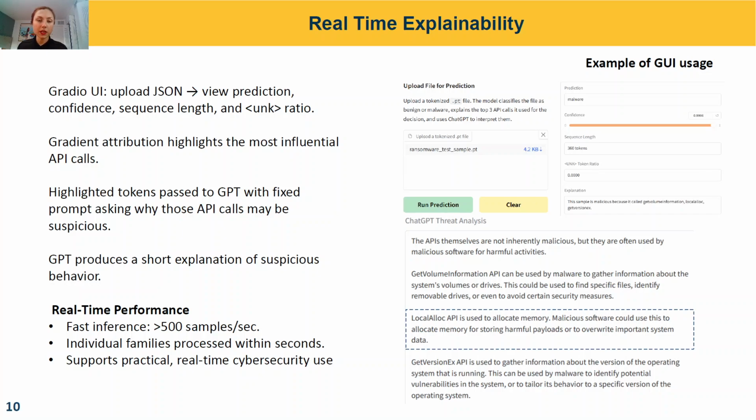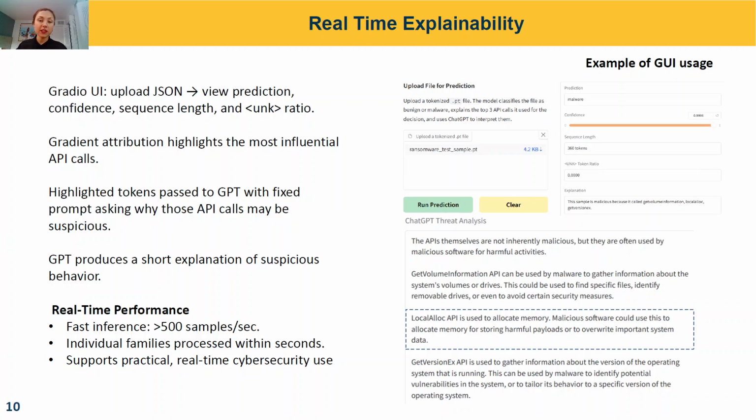We developed a Gradio interface that makes the system usable by analysts in real time. The interface lets users upload any JSON report, and after running the test, it displays prediction, confidence, sequence length, percentage of unknown tokens, and highlights influential API calls based on gradient attribution.